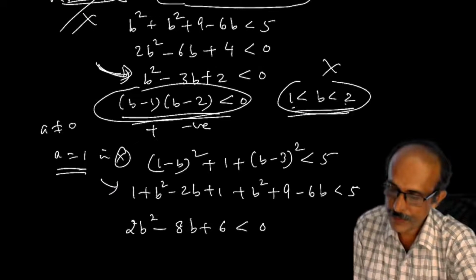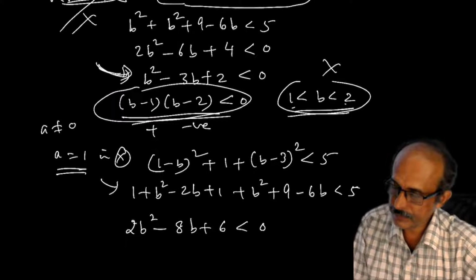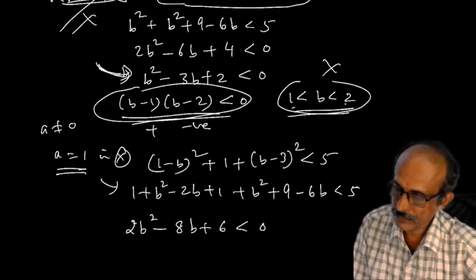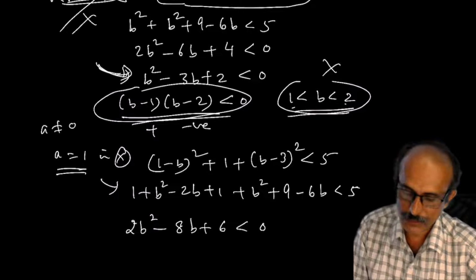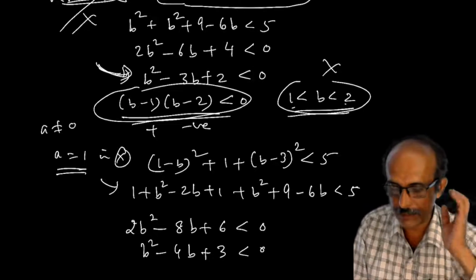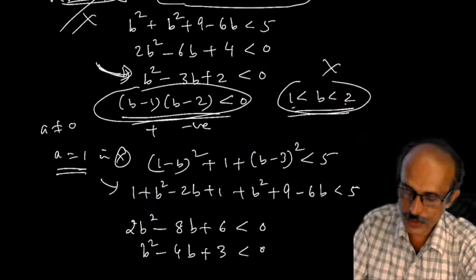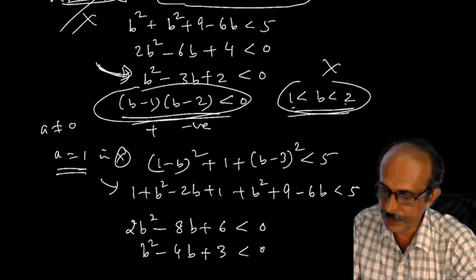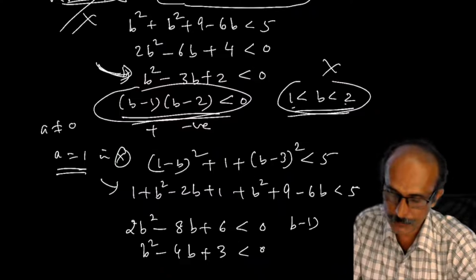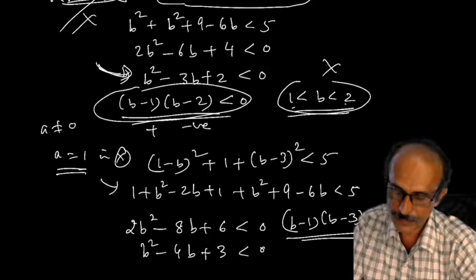Right? So again this factorizes to something simple: b square minus 4b plus 3 less than 0, and then we can factorize this. So this factorizes into (b minus 1) into (b minus 3) less than 0, right?